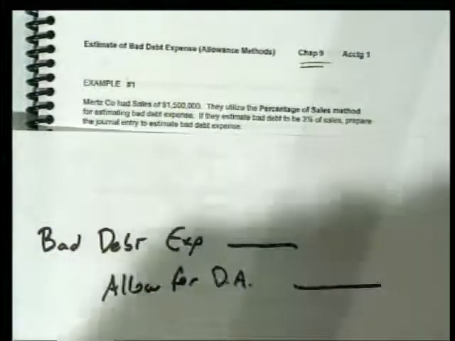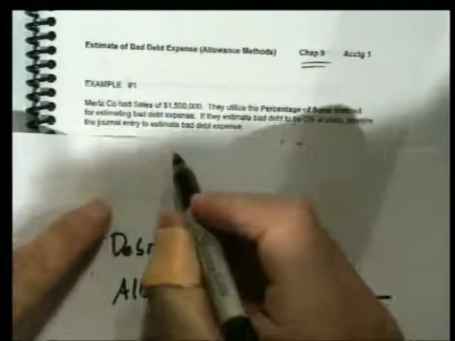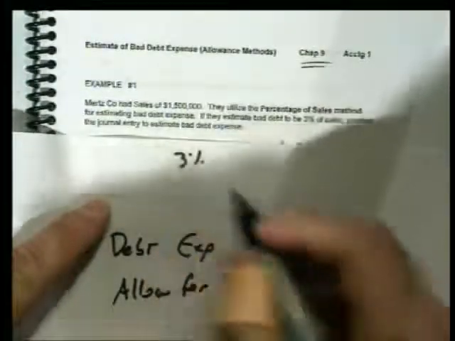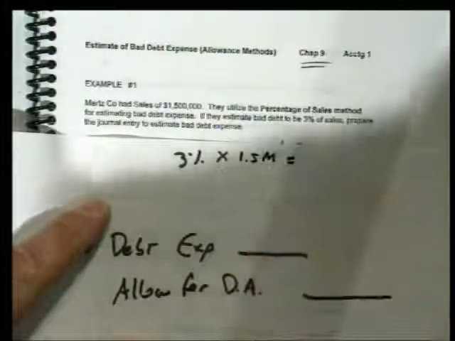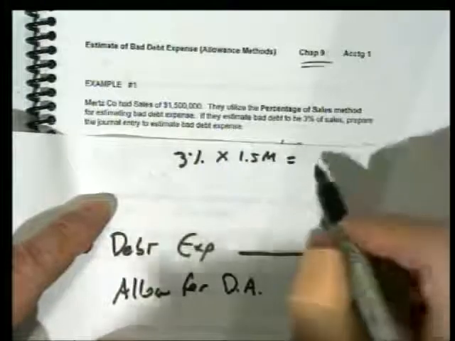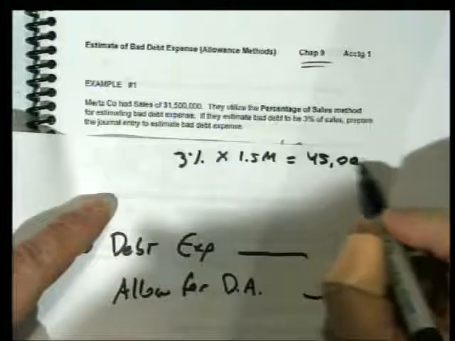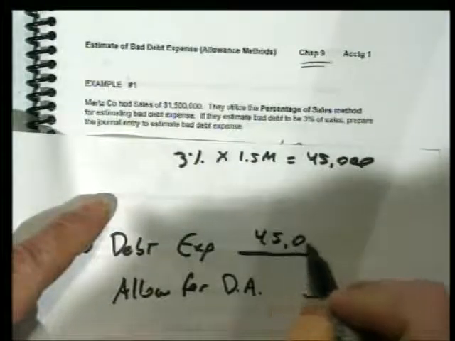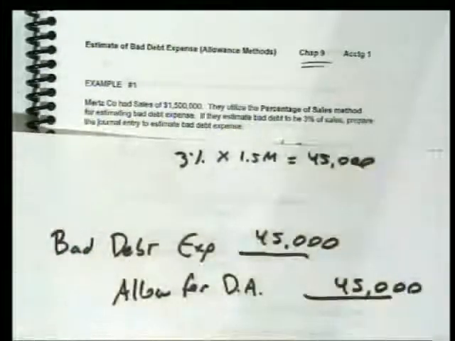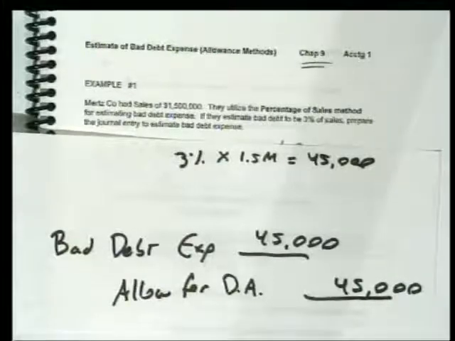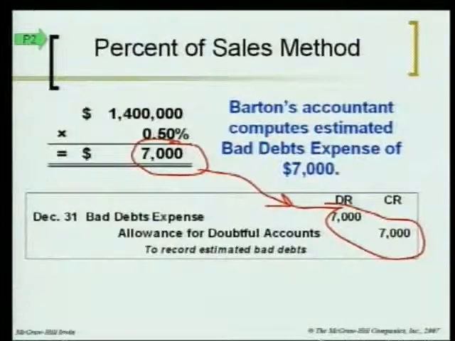Okay, so we take 3% times 1.5 million, and what does that equal? 45,000. And boom, that's the number that goes right in that blank. So that is the answer. You with me? Did you get that? Boom. Now you'll understand why I emphasize that here in a second.